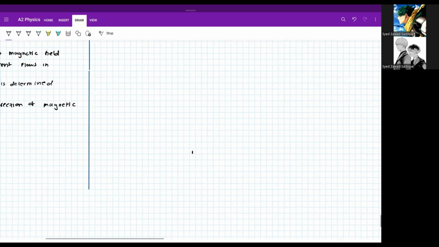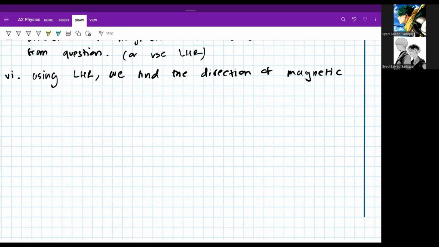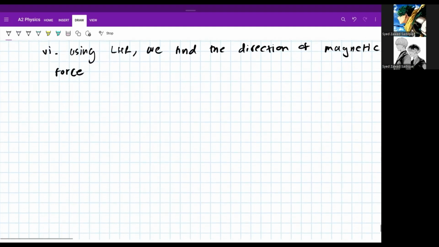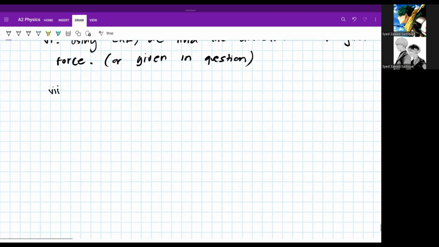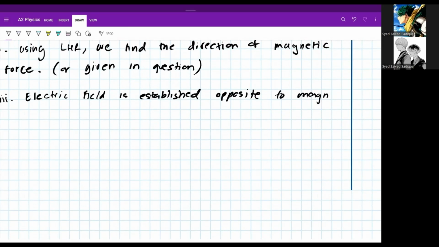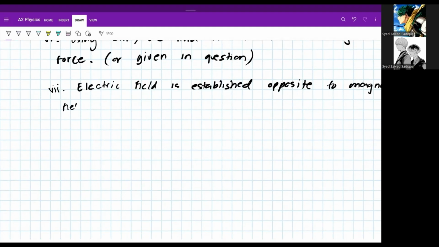So using the left-hand rule, we find the direction of magnetic force, or sometimes it is given in the question. Point number 7 is a repeat of the last points in my summary. That is, electric field is established opposite to magnetic field.